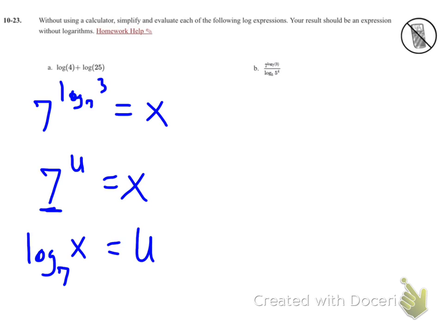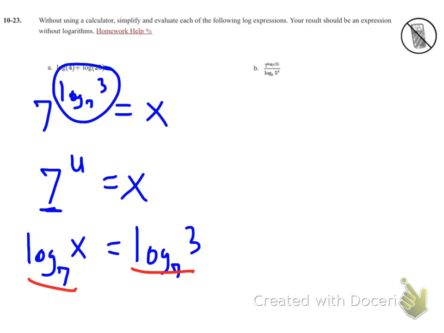Now, replacing u with what u actually is, so if I get rid of that and I put in log base 7 of 3, we can now see that log base 7 of x equals log base 7 of 3, so x equals 3. So for this, my numerator is 3.